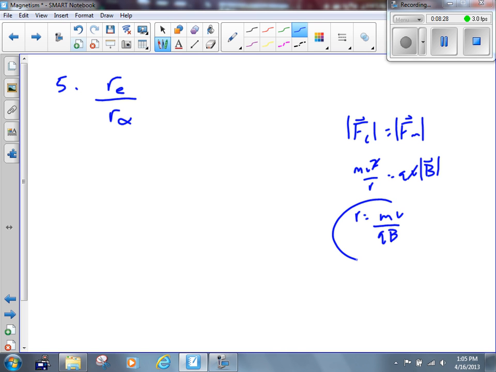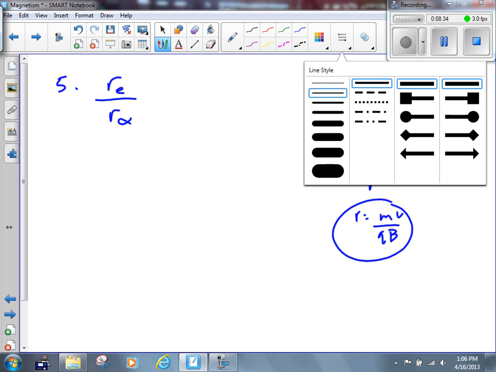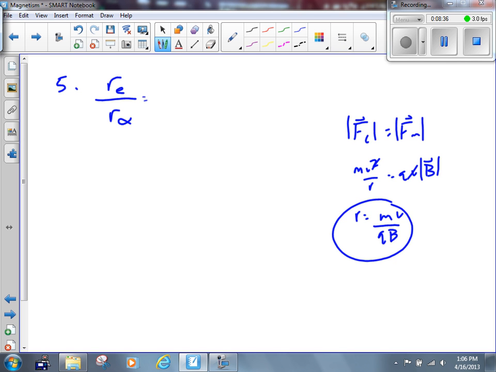Let's sub in this expression for the radius of the alpha particle's path and for the radius of the electron's path. We've got m electron, v electron over q electron, the magnetic field experienced by the electron. Then we've got the mass of the alpha particle times the speed of the alpha divided by the charge of the alpha times the magnetic field experienced by the alpha.